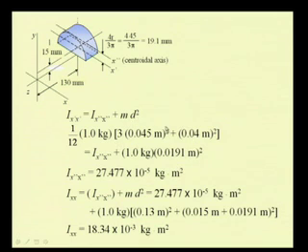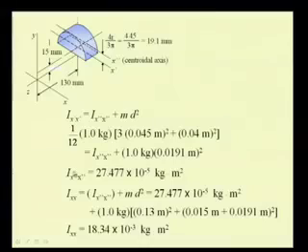So, from this we get the second moment with respect to the centroidal axis, that is x double prime, and we get this I x double prime as 27.477 into 10 to the power of minus 5 kg meter square.